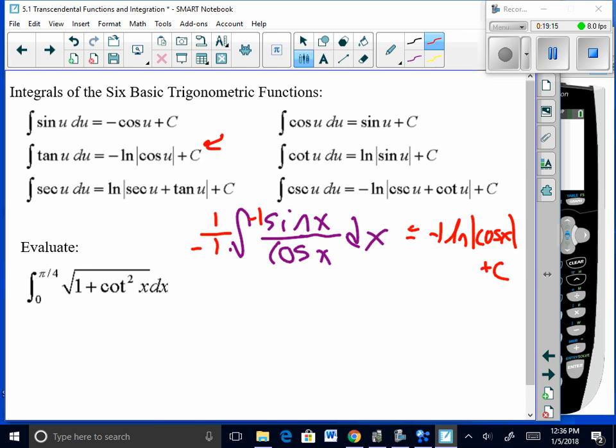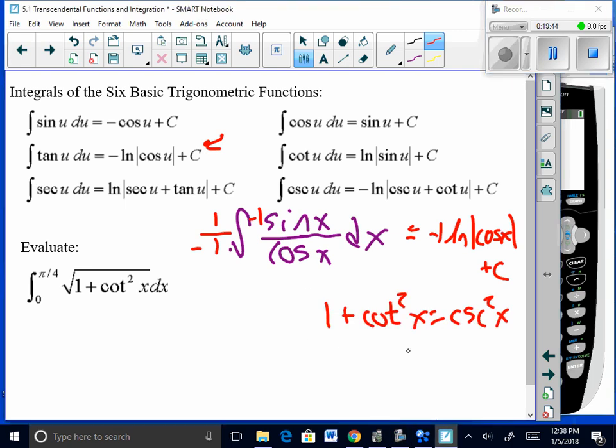Okay, so this one right here, if I wanted to evaluate from 0 to pi fourths of root 1 plus cotangent squared x dx, first off, we don't have any integrals here with a 1 plus cotangent. But this is a Pythagorean identity. So if you guys have the paper that I gave you that had a photocopy of the front and back cover of your textbook, look under the Pythagorean identities. There are 3 Pythagorean identities.